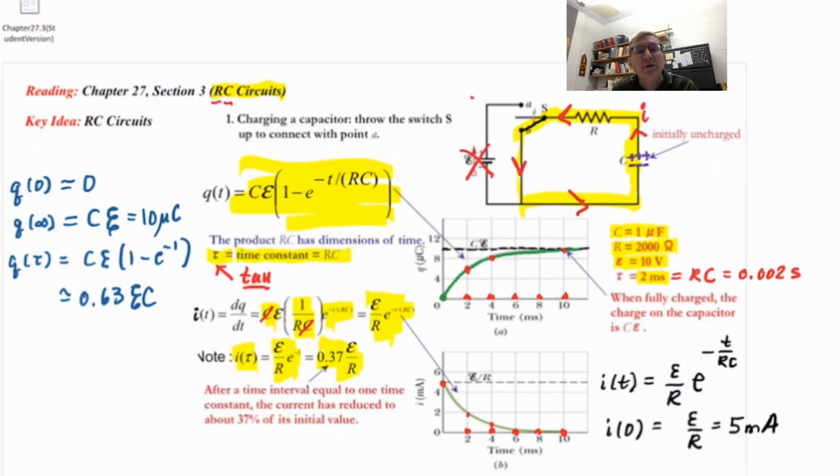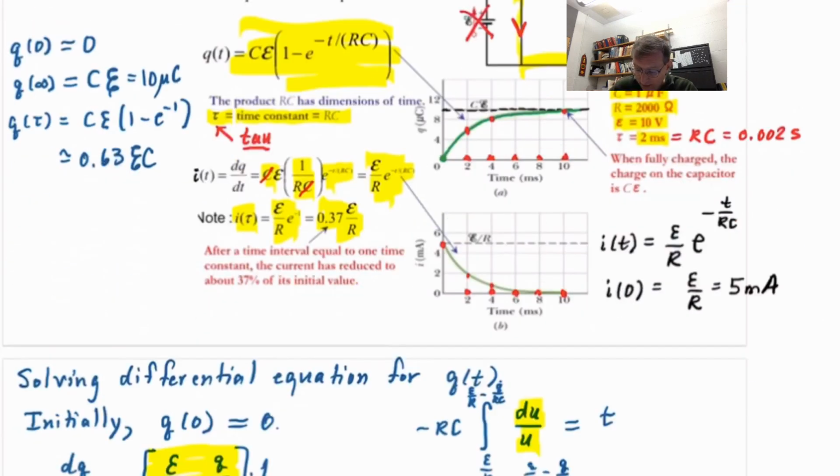Remember that I'm thinking of the current as flow of positive charge, and I've got excess positive charge on the top plate of the capacitor. So the current flows away from that. Now, we would want to analyze this kind of circuit, that's the discharging capacitor. And you could apply the loop rule. That's the physics idea and what we know about capacitance.